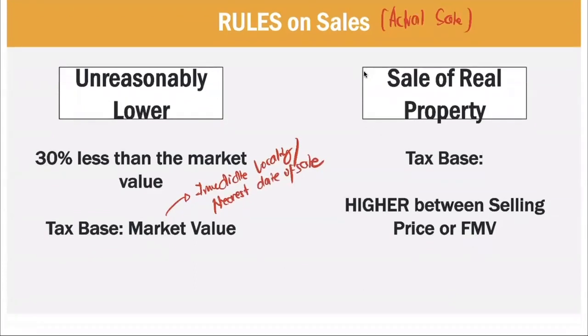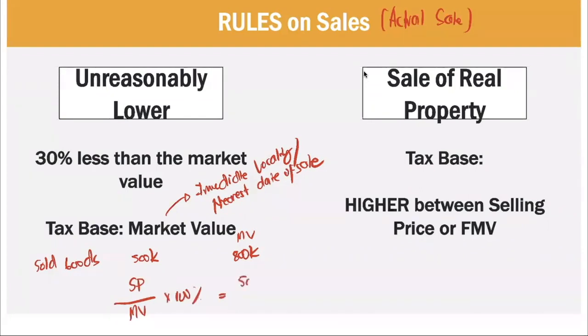Okay, so for example, you have here sold goods at 500,000, and the market value in the immediate locality is 800,000. First, we need to look if it is 30% less than the market value. To check that, you get the sales price over the market value, multiply it by 100%, and look if that is 30% or not.